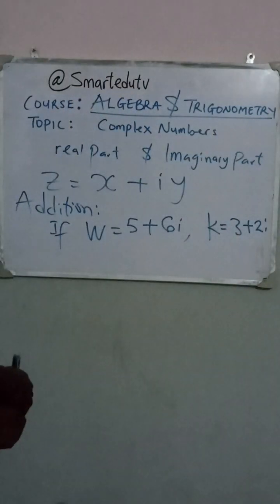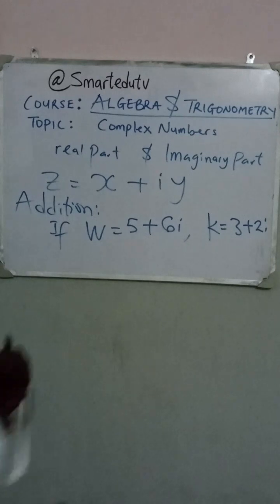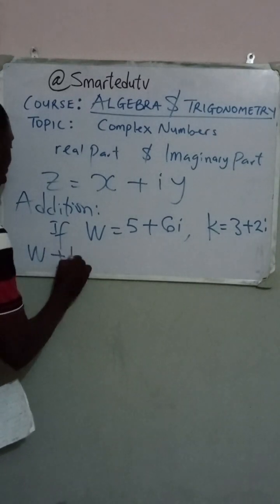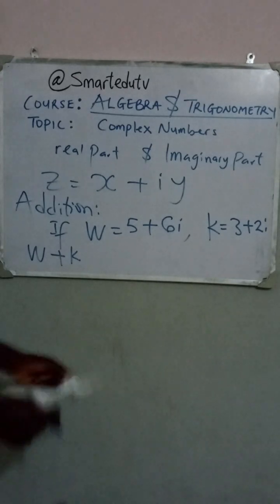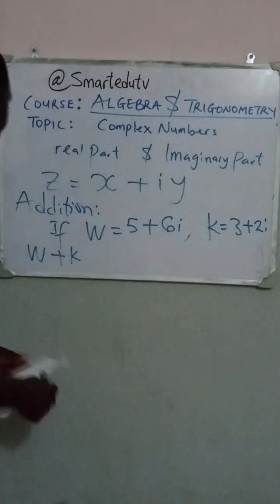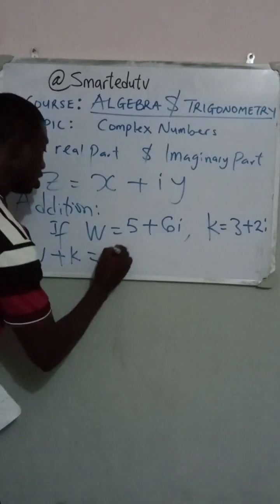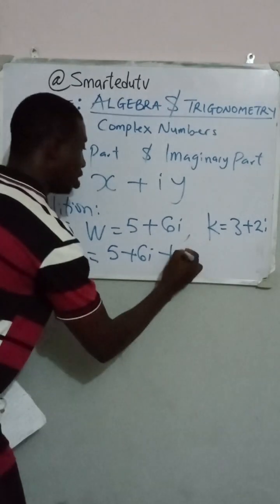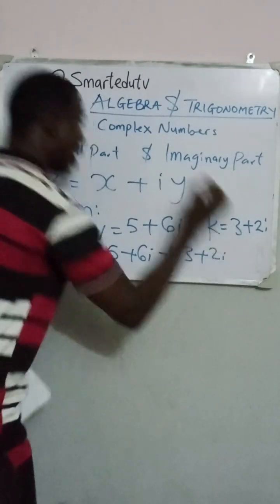Evaluate w plus k. It means I want to add w together with k. This will give me w, which is 5 plus 6i, plus k, which is 3 plus 2i.